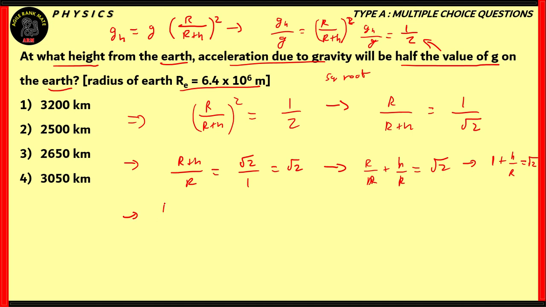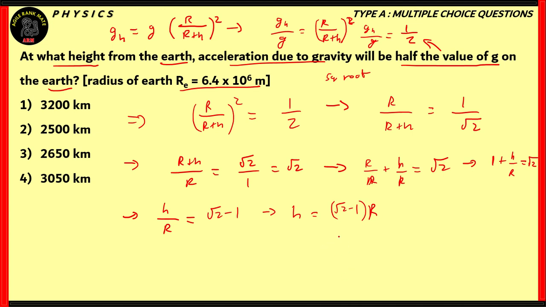So therefore h over r is equal to root 2 minus 1, which means the height from the Earth at which the object will experience half the value of acceleration due to gravity, that particular height h, is equal to root 2 minus 1 times r.